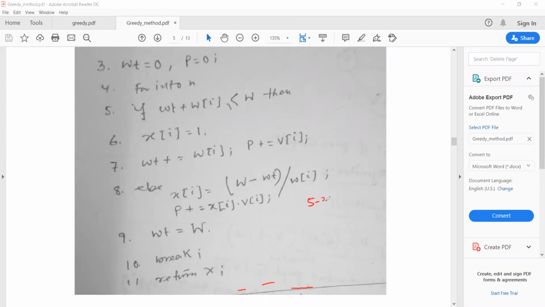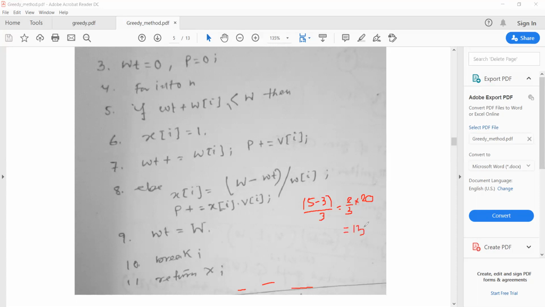You already occupied 3, so your fraction becomes 2 by 3, and you multiply it with the profit, that is 20. 20 is the profit of taking the entire object, but you are taking 2/3 of that object only. So you ultimately calculate that the profit is 13.33.